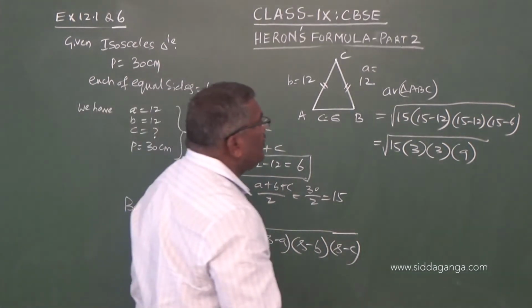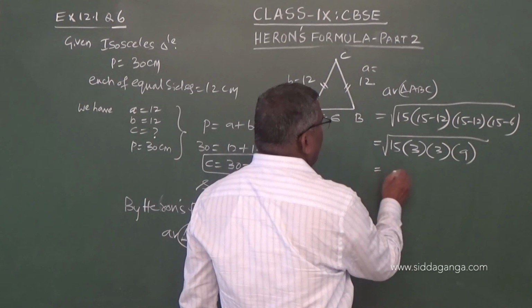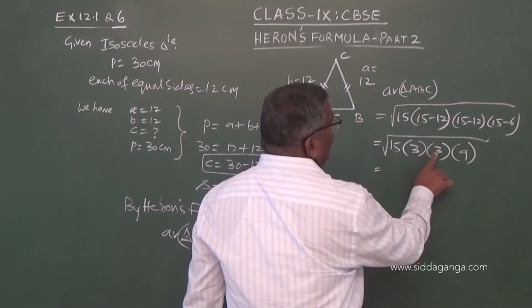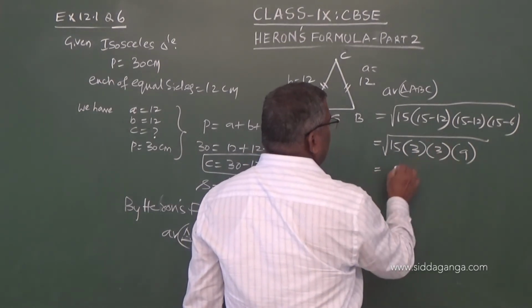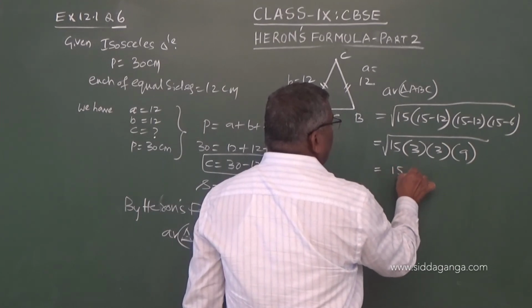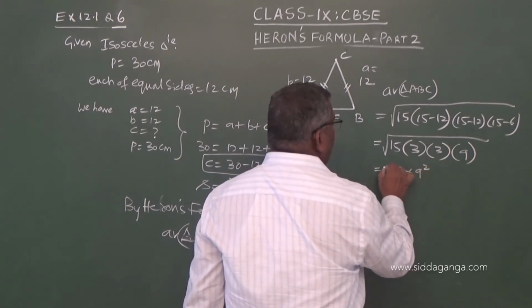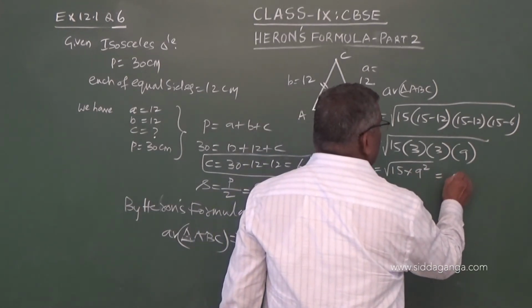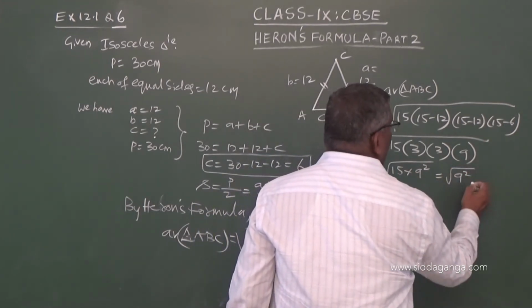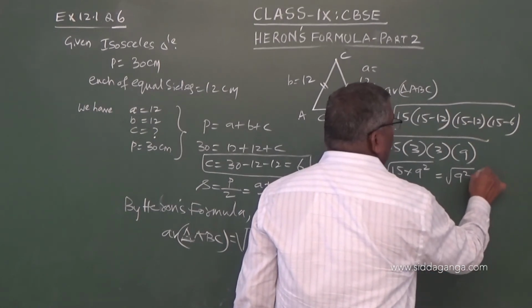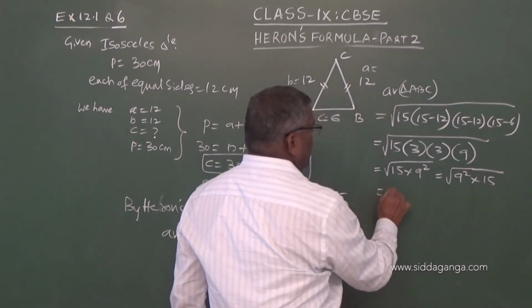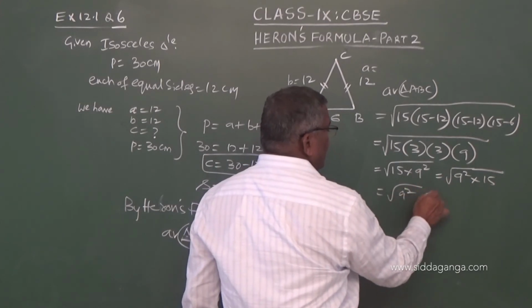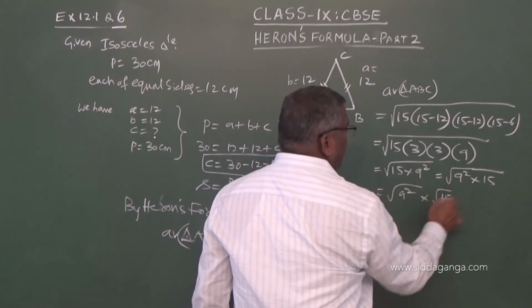Now, you can observe here, this is 15 into 3 into 3 into 9. So we can write it as 15 into 9 square under the root. That is root of 9 square into root of 15.